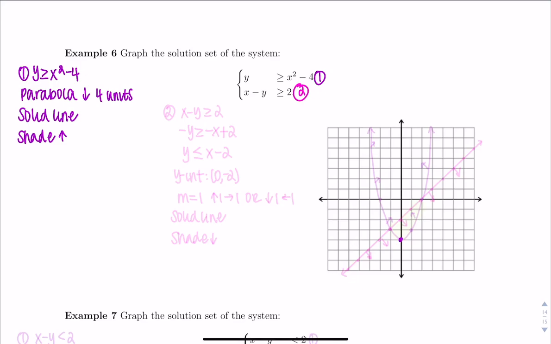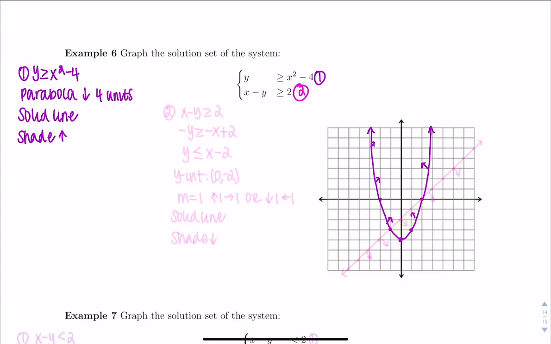So 0, negative 4. We have 1, negative 3, and negative 1, negative 3. We got 2, 0, and negative 2, 0. And you get the idea here. We have a solid line, and we're going to shade above it. So go ahead and draw your little arrows pointing in.